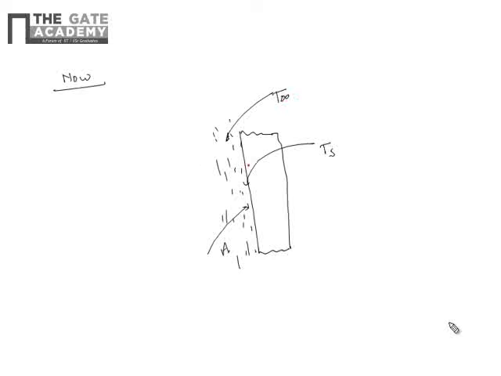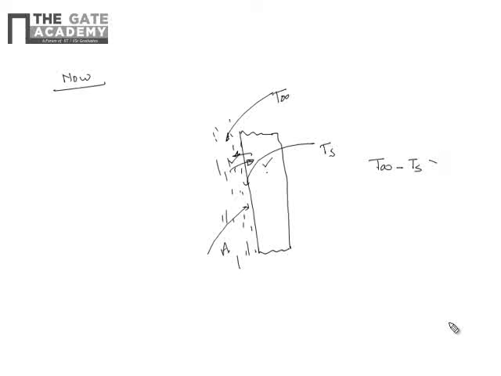Since there is a temperature difference between the wall and the fluid, there will be some amount of heat convection from surface to fluid or fluid to surface, depending upon the temperature difference Ts and T infinity.